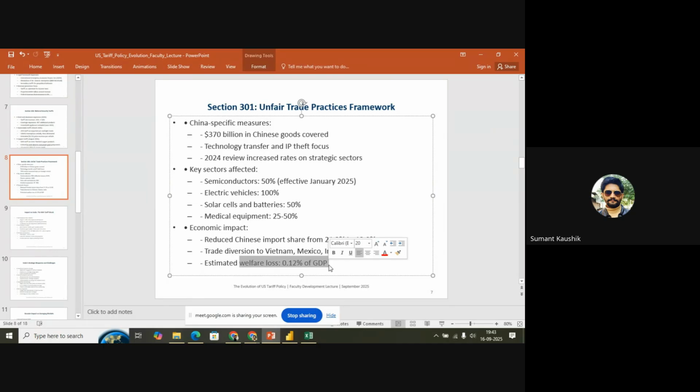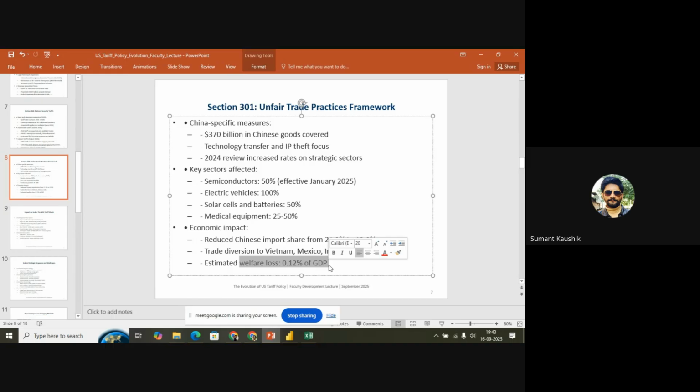Because of higher tariffs, US citizens would tend to buy products at higher prices, which also depends upon the elasticity of demand. But yes, there are some products which are in such high demand that, in case the tariff is so high, it will lead to a higher rate of inflation in the US economy.